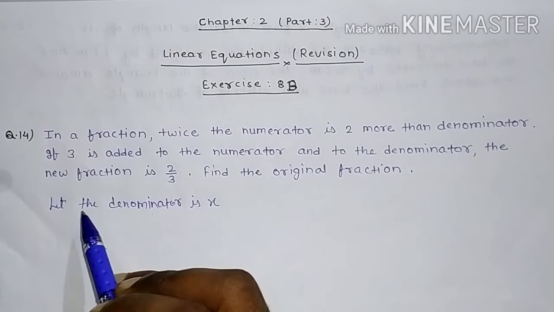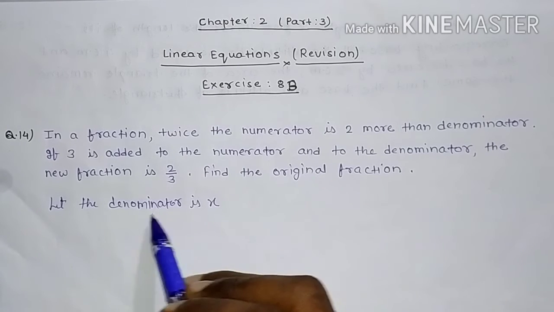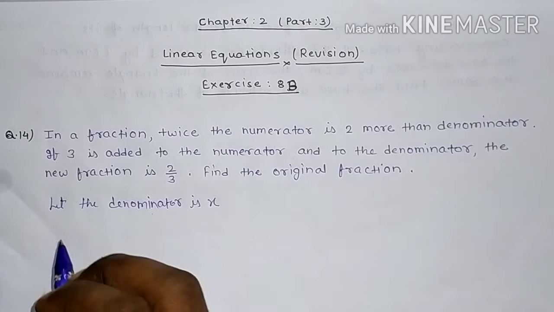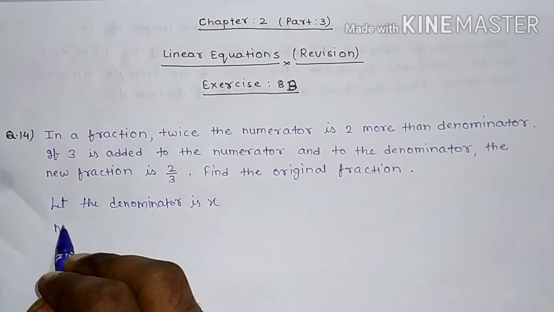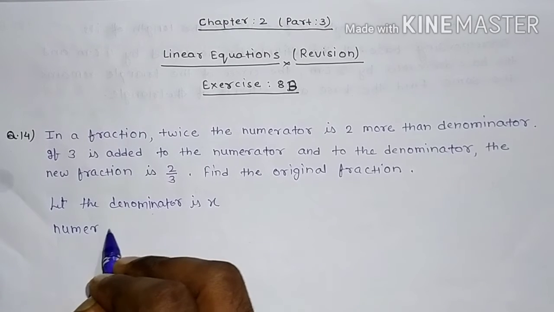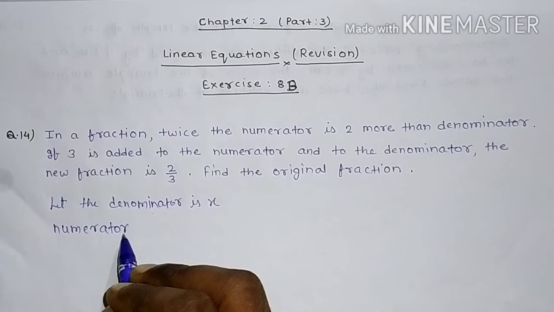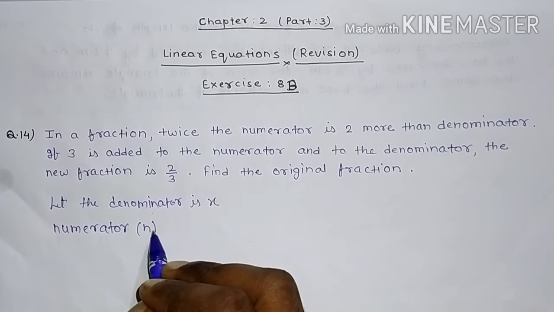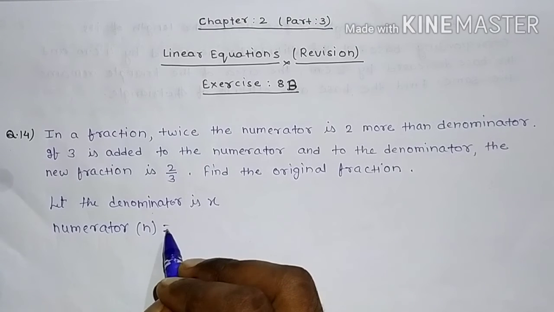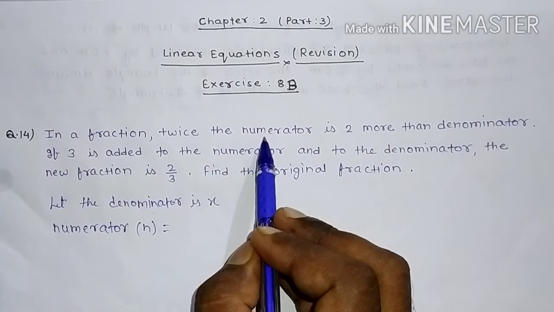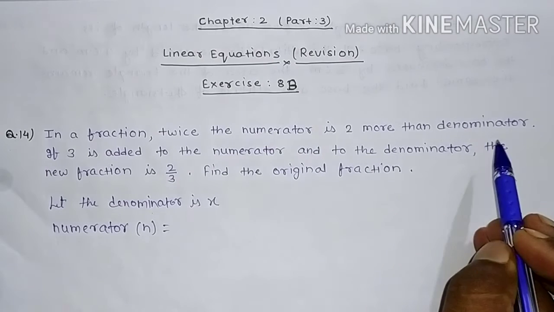That means here I am taking denominator as x, so the numerator will be, let's suppose numerator is small n. This equals twice the numerator is 2 more than denominator.